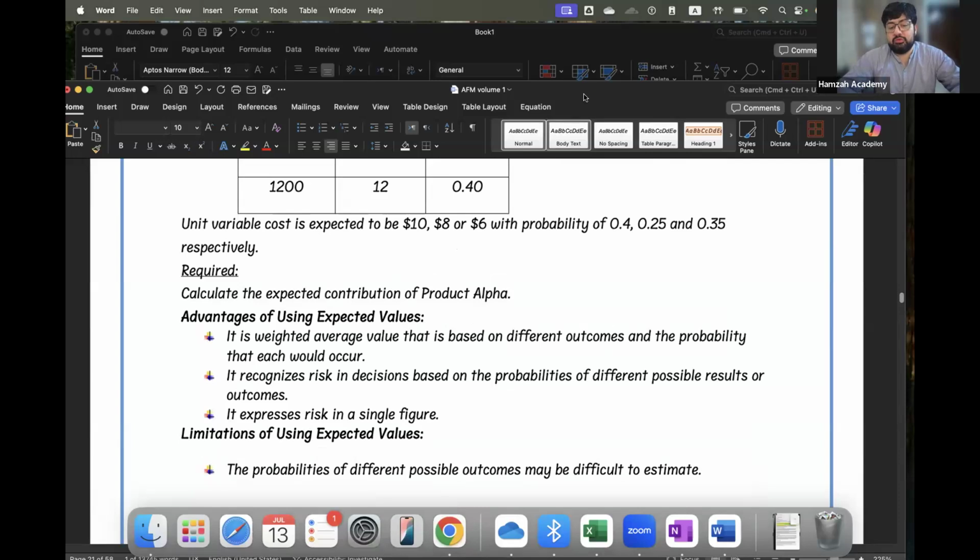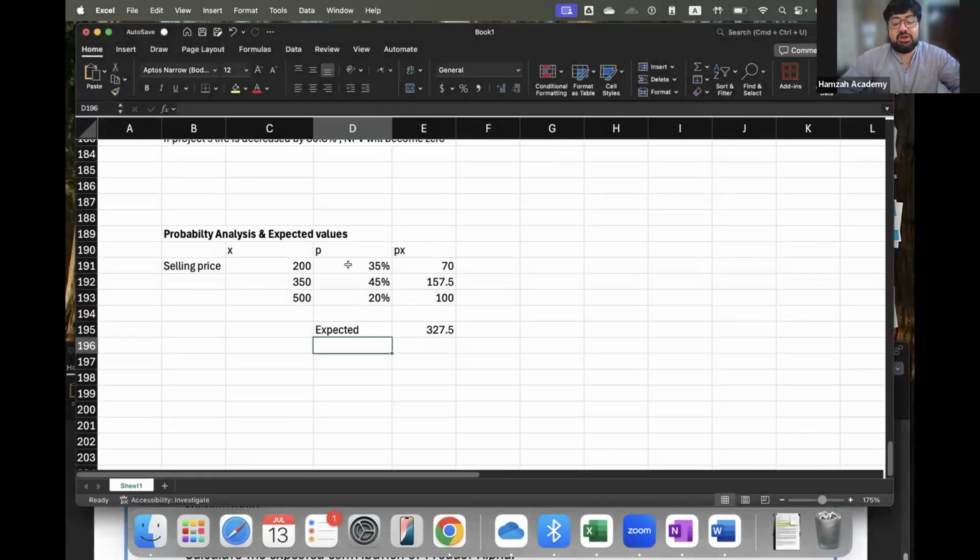So, students, we have incorporated different probabilities, incorporated risk, and got one expected value. Risk already considered.